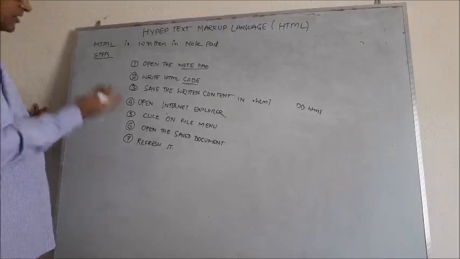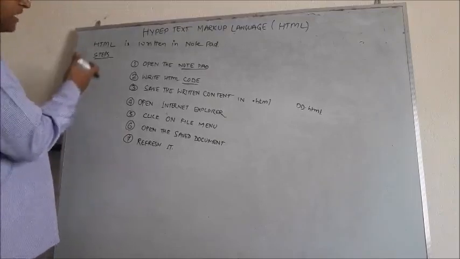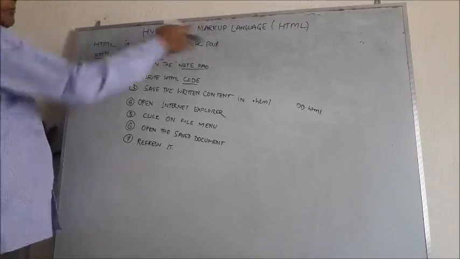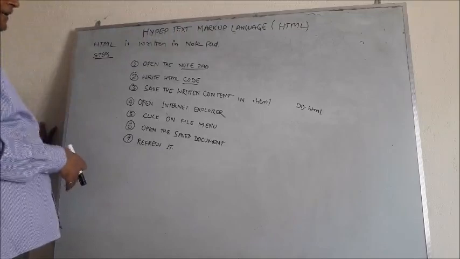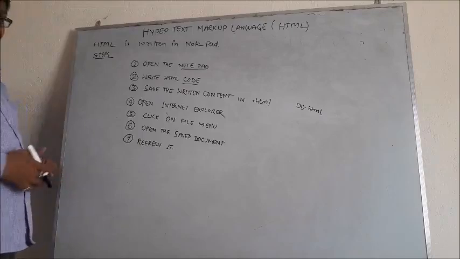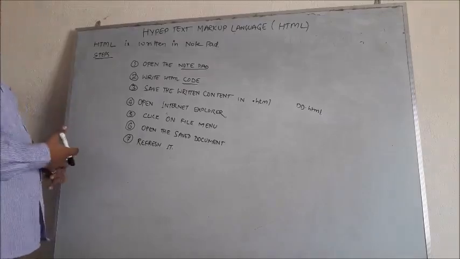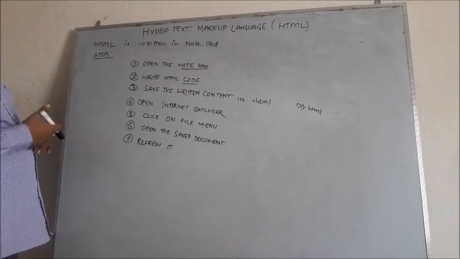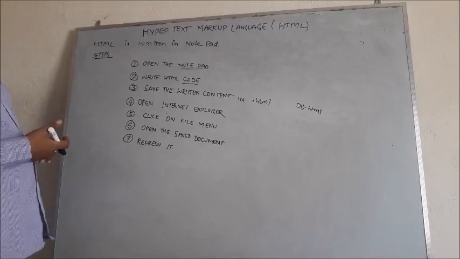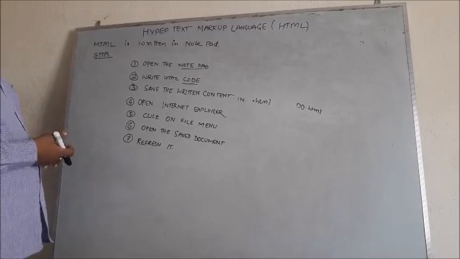So that's all about how HTML works with Notepad and how it is connected with Internet Explorer. Next, I am going to teach you a very basic programming language, how we can write the code in HTML.